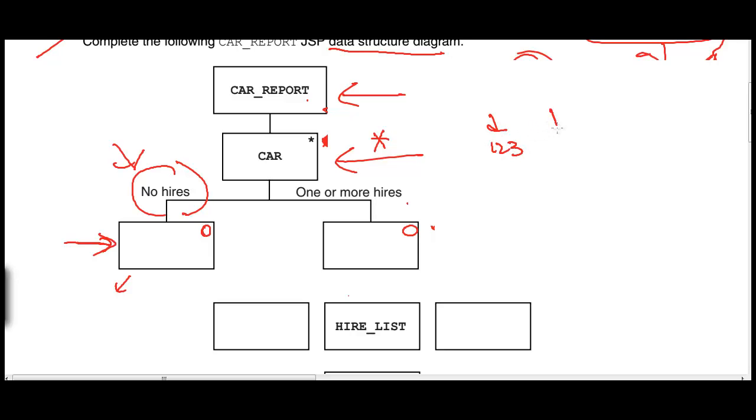Then this report will also publish data about car number 1 to 4. So in general, a car report is going to include data about multiple cars. Now, as far as publishing data is concerned, as far as displaying data is concerned, we have a choice.